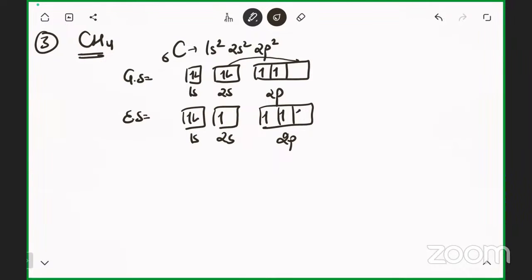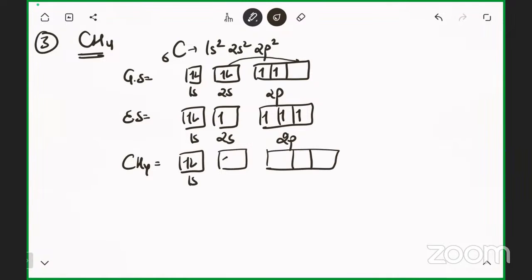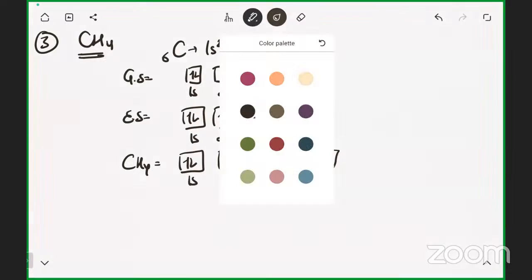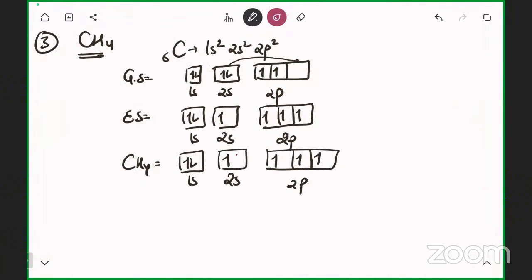See, we can go for the shortcut, but first we need to learn this thing. I'll tell you the shortcut also, but not right now. First, I need to tell you the concept. So, one hydrogen, another hydrogen, another hydrogen, another hydrogen. Now, which type of hybridization? 1s and 3p.